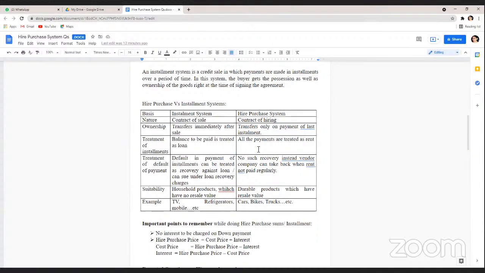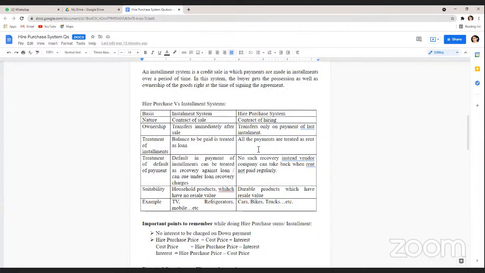Generally, under the installment system, if at any time the purchaser fails to pay the regular installments, then the seller can sue him under loan recovery charges.